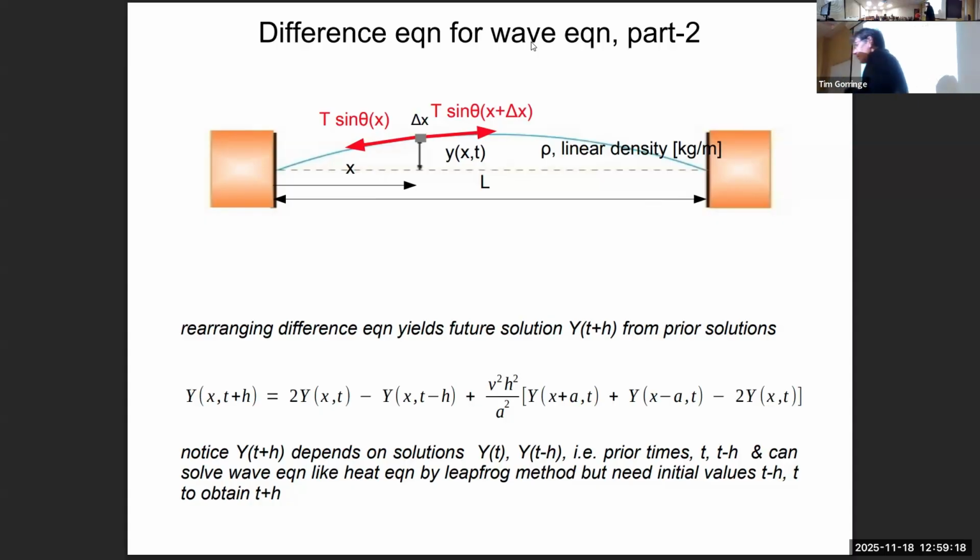And it's the value of the function at that point in the future in terms of the current value of the function, so at the earlier time, at the same point in space, but also its value at other points in the neighborhood. This is just that equation rearranged, and it can be used as a prediction for the function at a future time.